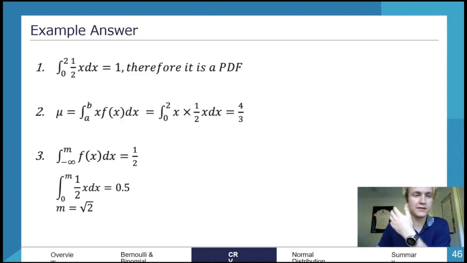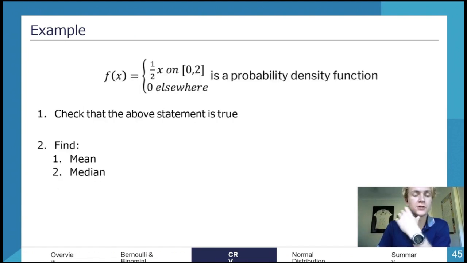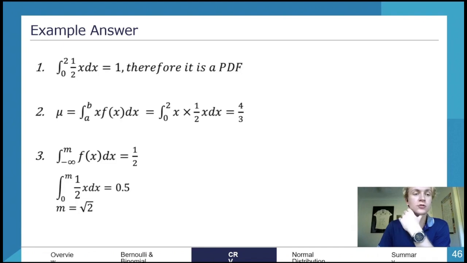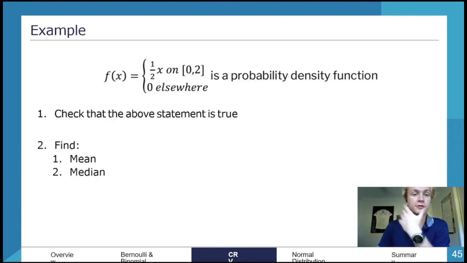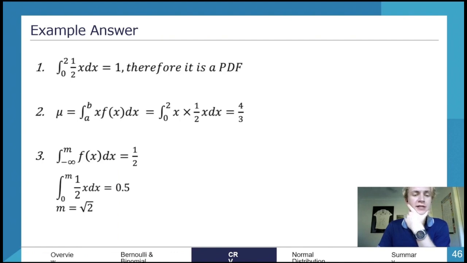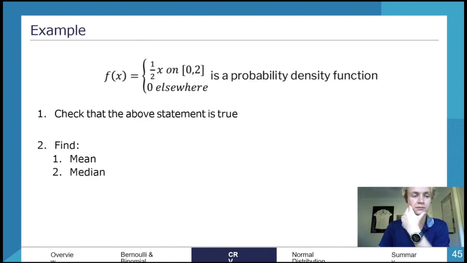First of all, it's never less than 0, so make sure you write that. And also, the integral between the lower and upper bounds, 0 and 2, where it's actually not 0. If we integrate that in terms of x between 0 and 2, that equals 1. Therefore, it is a probability density function.